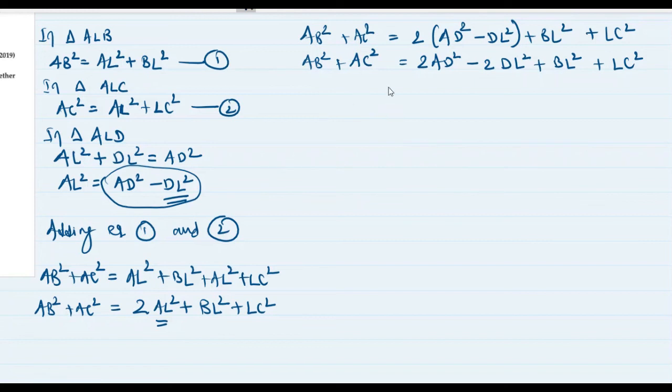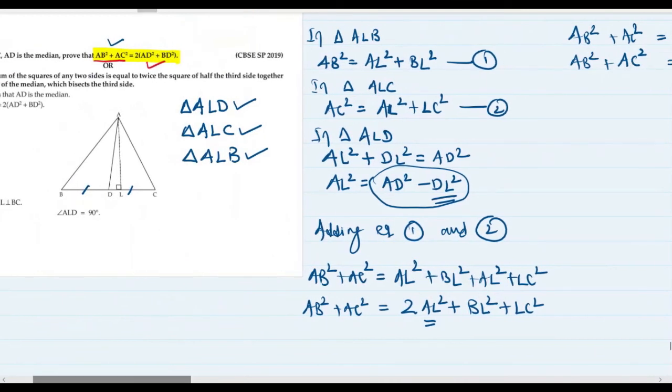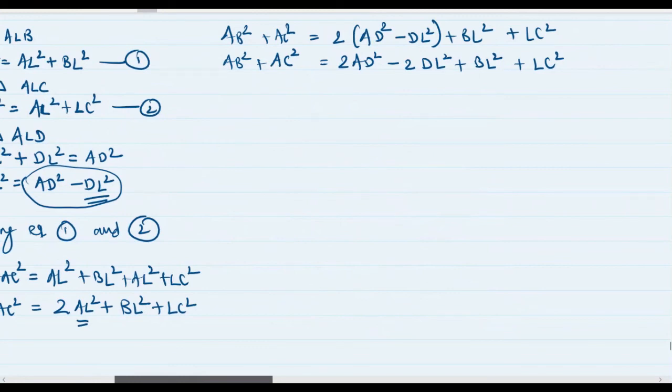Great. So we have got this complicated stuff over here, out of which what matters is 2 times AD square, because in the proof you have to prove AB square plus AC square is equal to 2 AD square plus 2 BD square. We don't have 2 BD square. We have all this 2 DL square, BL square, LC square, everything.